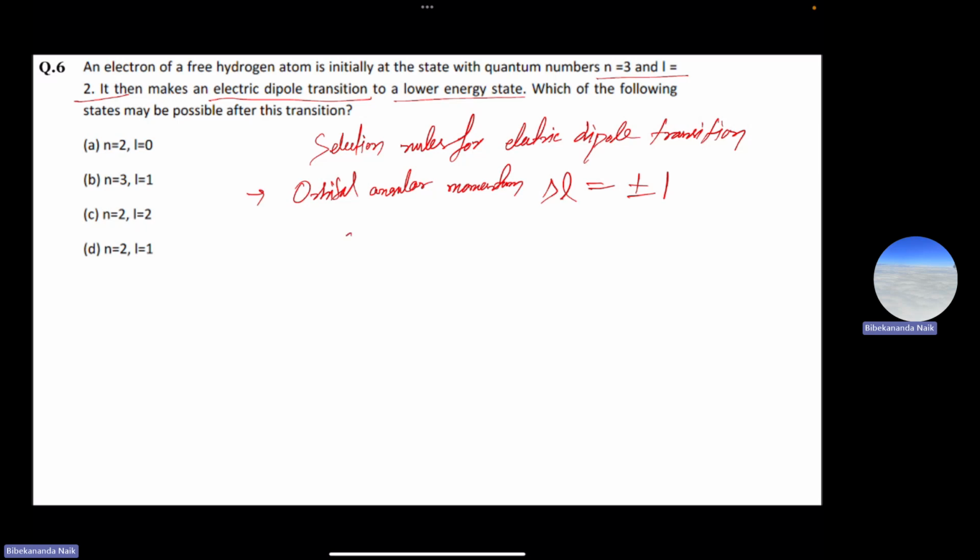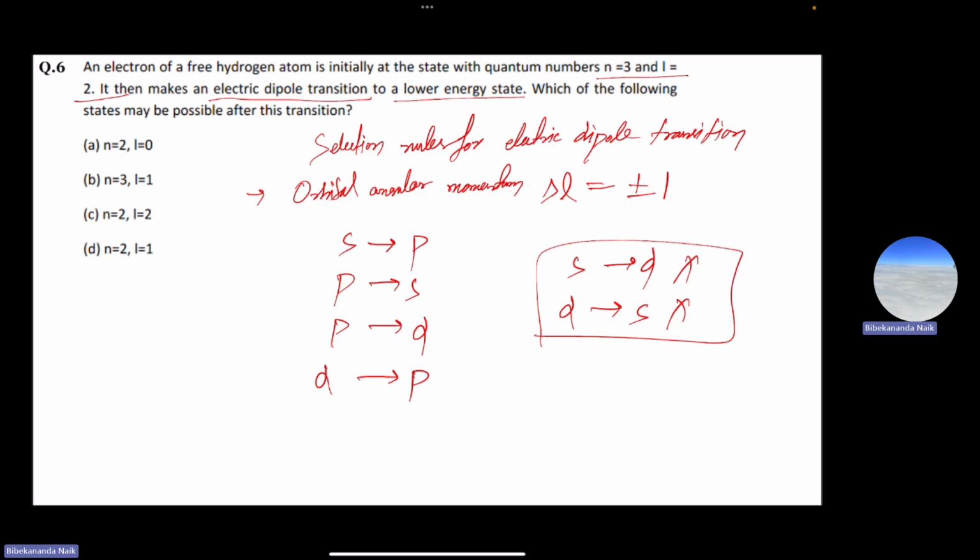For example, if it is S, then the transition can be from P to S, P to D, or D to P. But S to D and D to S is not allowed, because they violate the selection rule of delta L equals plus minus 1. We know for S, L is 0, for P, L is 1. So in all these transitions, delta L changes as plus 1 or minus 1. So the transition can occur only between these levels.